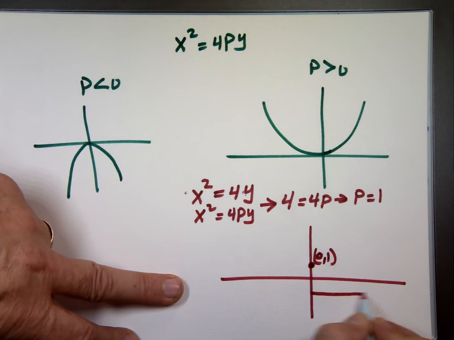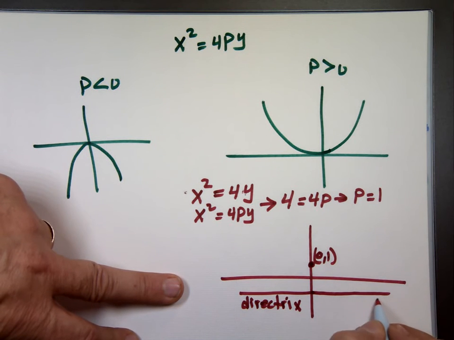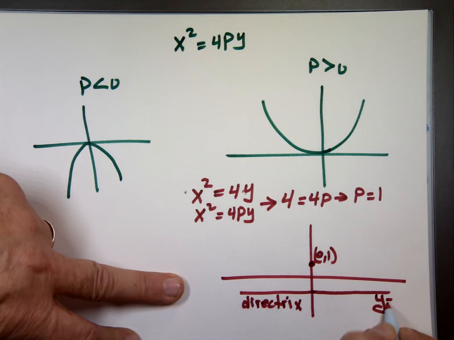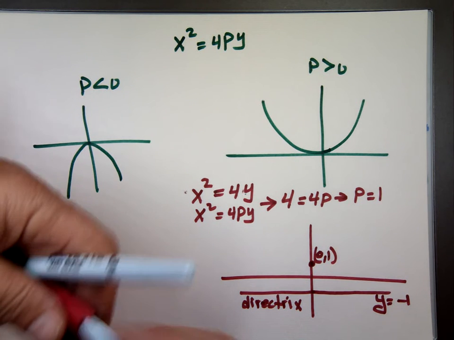Here is the directrix. What's the equation for the directrix? Y equals what? Negative 1. It's below the x-axis, right? So now to graph it, we know p is 1.